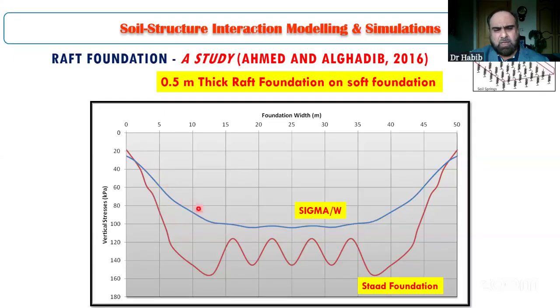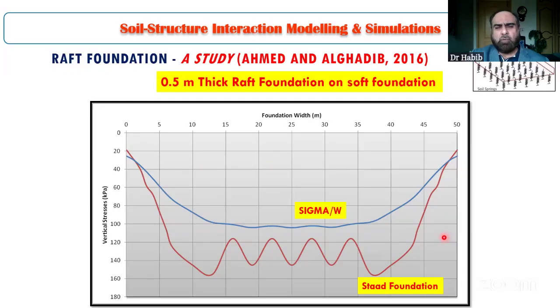Sigma W has covered these localized stress concentrations or column loads by spreading the load to the adjacent soil in the continuum, while STAAD Foundation, since it is based on single spring action, does not transfer forces among the springs. We have this kind of behavior.